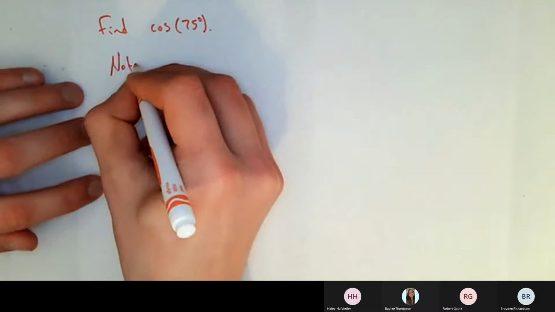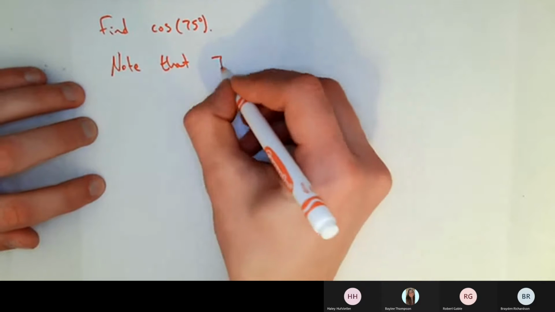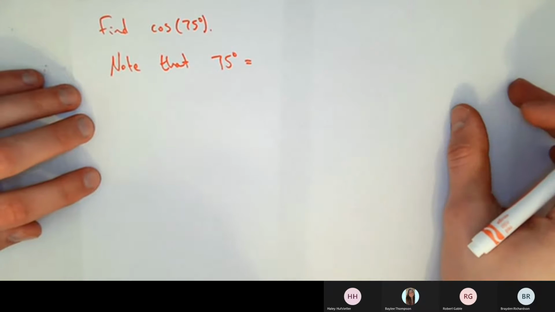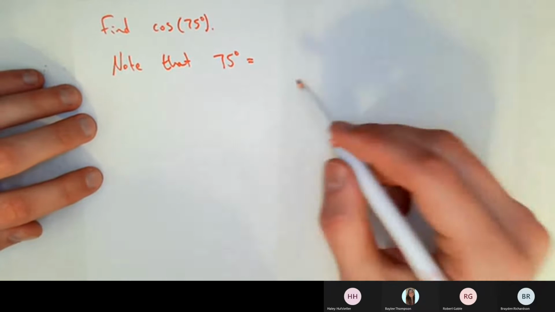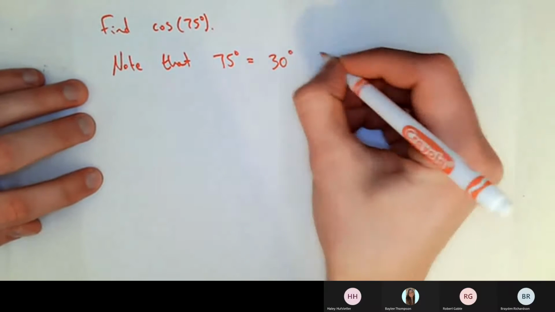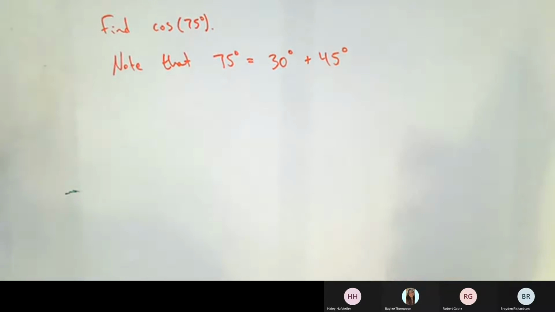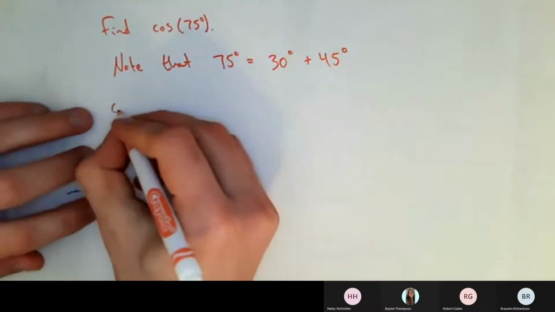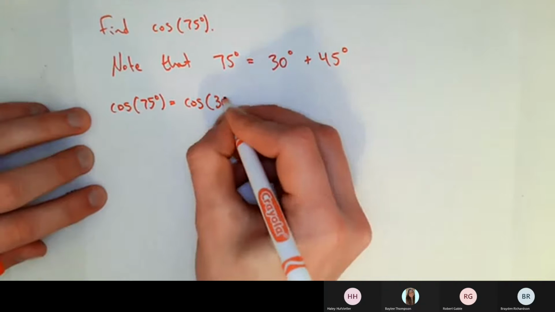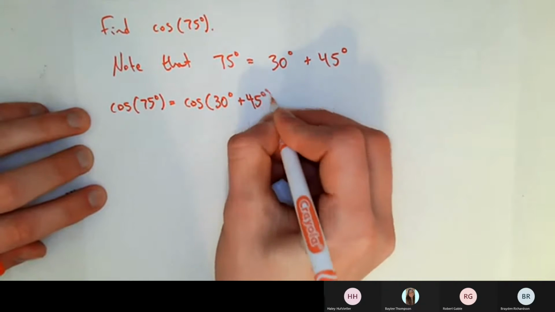Okay, so how did we do that? Well, we note that 75 degrees can be written as the sum of 2 distinct angles that we already have information about, 30 plus 45. Those are 2 distinct angles that we can find exact solutions for. So cosine of 75 degrees is equal to cosine of 30 degrees plus 45 degrees.